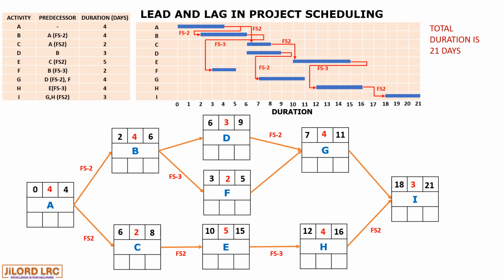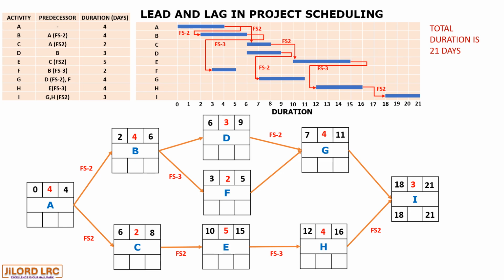Now, as we learned in our previous lessons, the early finish becomes the late finish of the last activity. So we repeat 21 as we commence the backward pass. So 21 minus 3 is 18. Now, in the backward pass, every lag reduces as it proceeds in the backward pass, and every lead becomes an addition as we proceed on the backward pass.